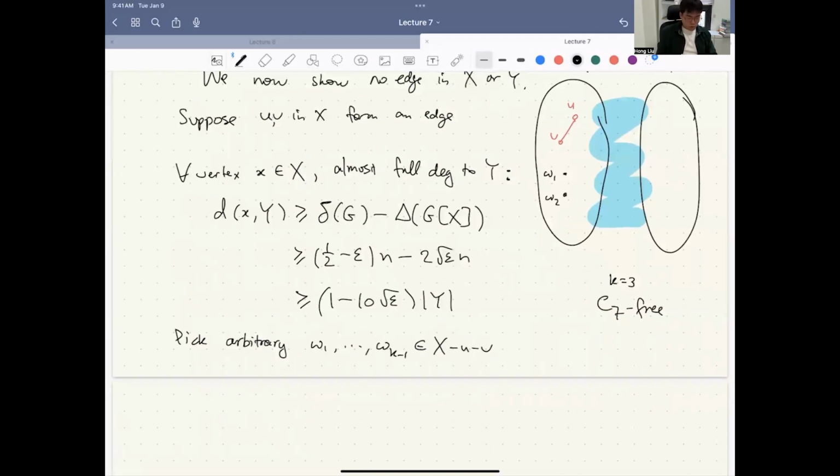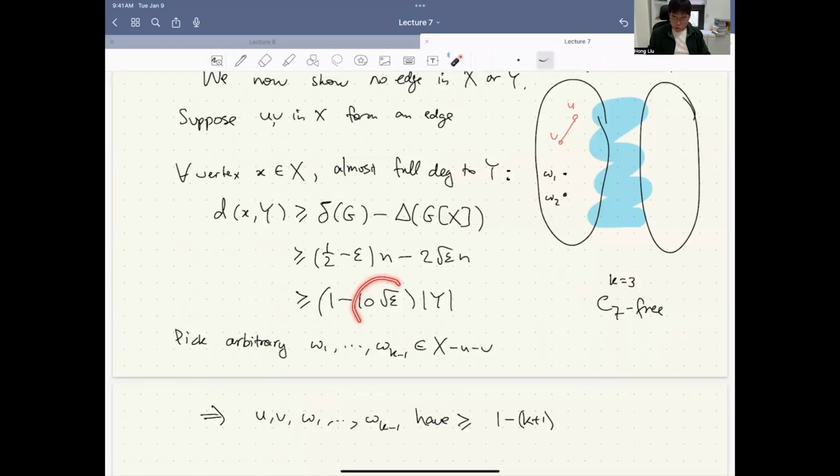So we have U, V, W1 to W(k minus 1) have common neighborhood at least 1 minus something. There are k plus 1 vertices. Each vertex loses this much proportion of neighbors in Y, k square root epsilon times Y, which is still large if epsilon is small enough.